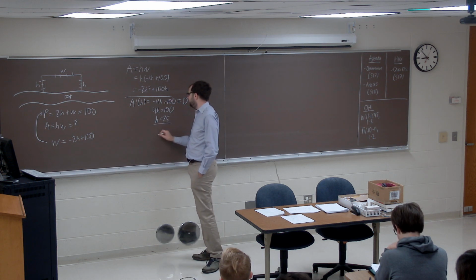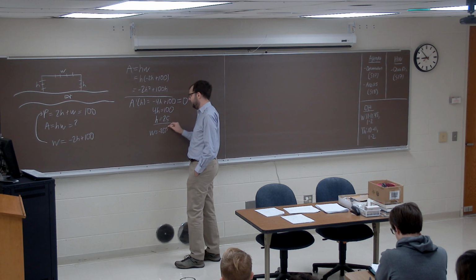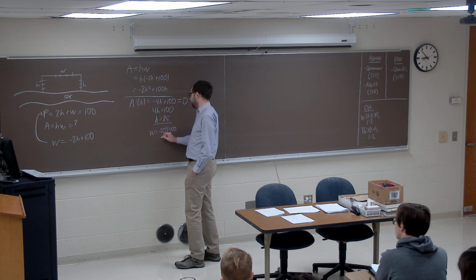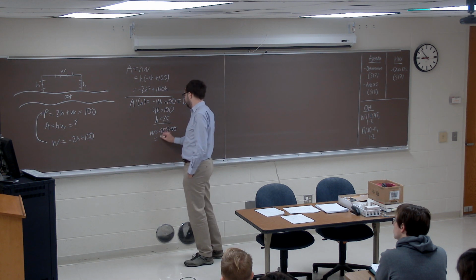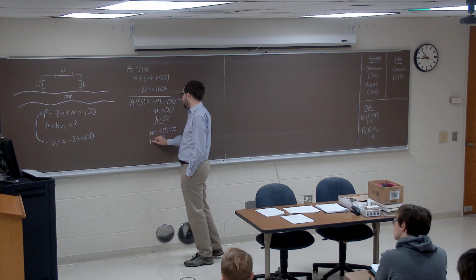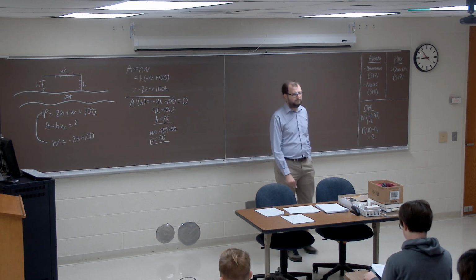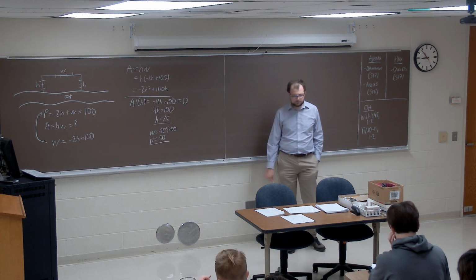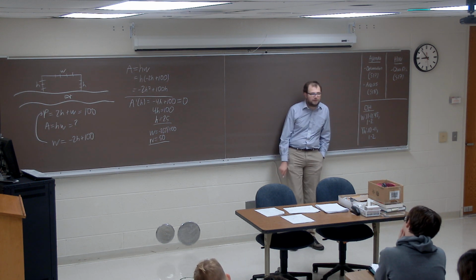And if h is 25, that's going to give us w is negative 2 times 25 plus 100, which is negative 50 plus 100. I think we're going to get that w has to be equal to 50. Or 25 and 50 feet.